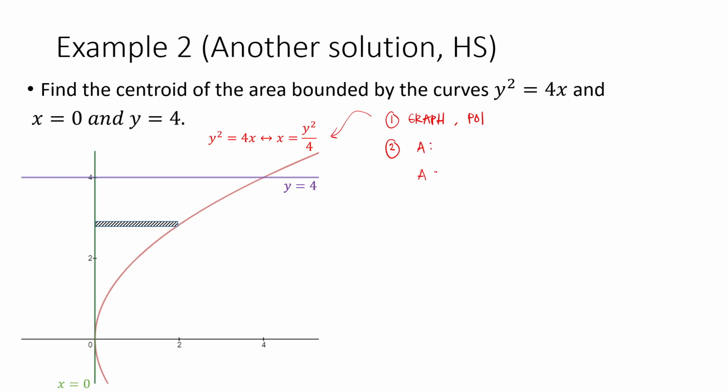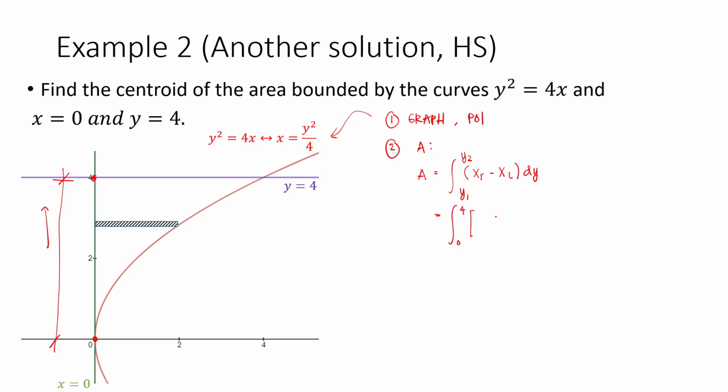So area is now, since we are now utilizing the horizontal strip, x right minus x left, dy from y1 to y2. So this will be our limits now, still from 0 to 4.